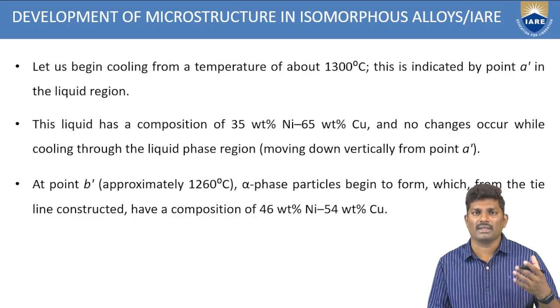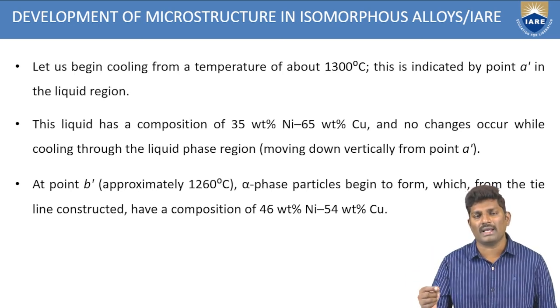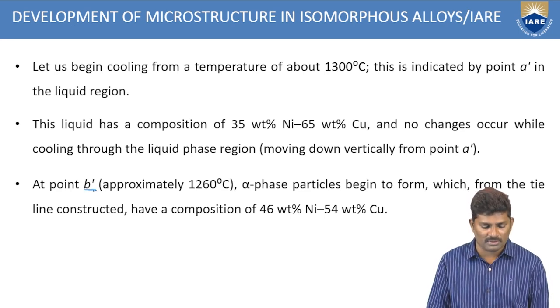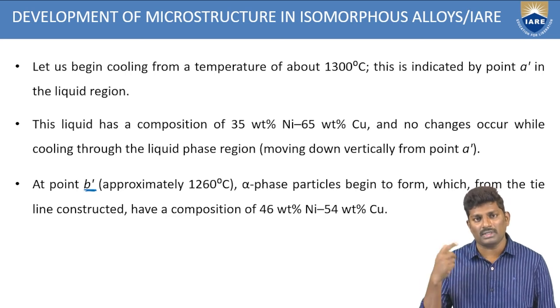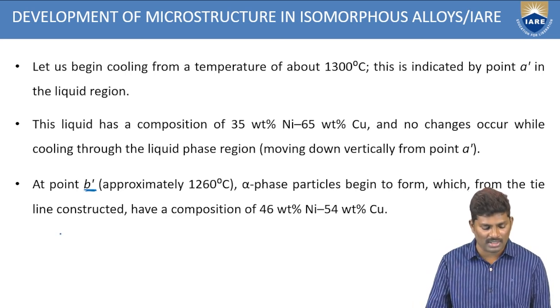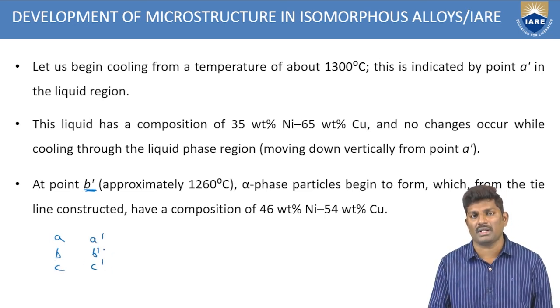So at each different point, we have different microstructures, whether at point A dash, B dash. All of this A dash, B dash, C dash or D dash, wherever you keep these, represents the non-equilibrium condition. In the previous equilibrium conditions, we have only A, B, C, and if you have A dash, B dash, C dash, this refers to the non-equilibrium conditions where there is rapid cooling.